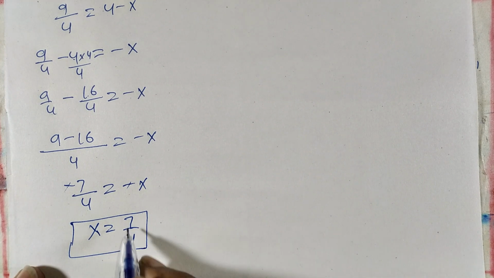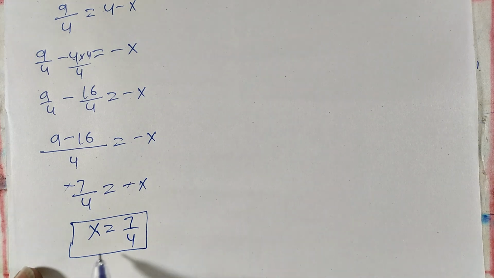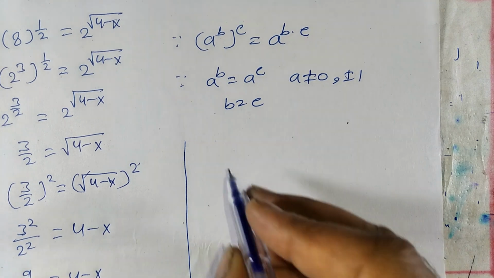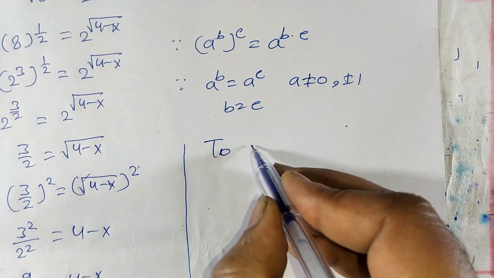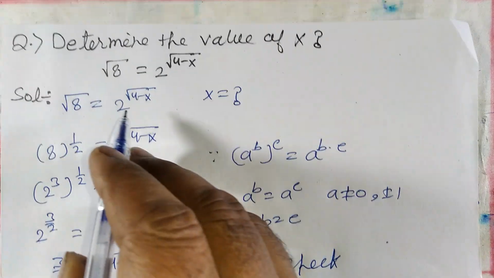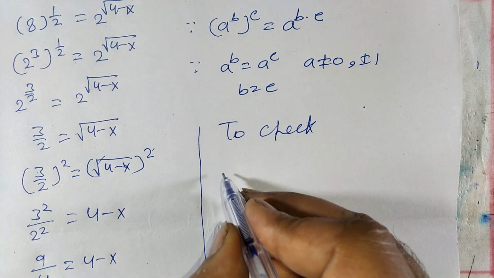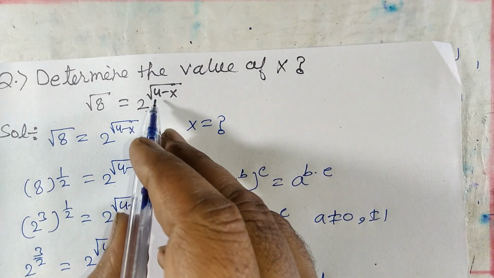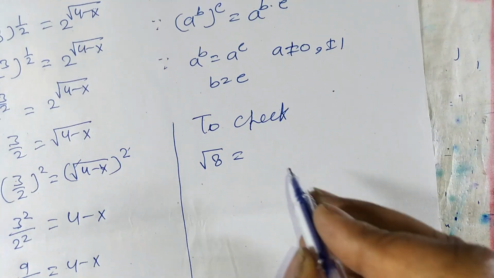Now check whether this value is correct or not. The value of x, putting in the main equation to check. The main equation is square root of 8 is equal to 2 to the power square root of 4 minus x.